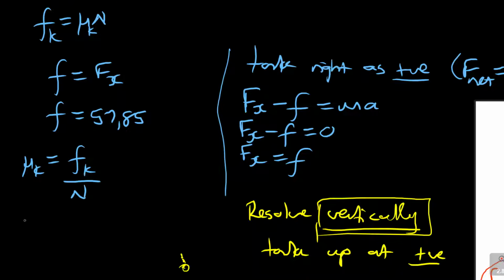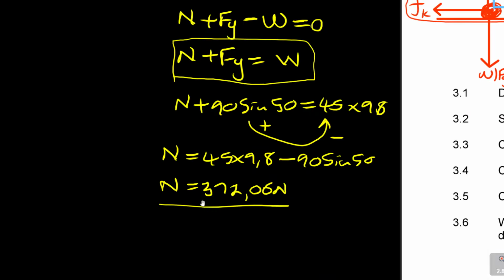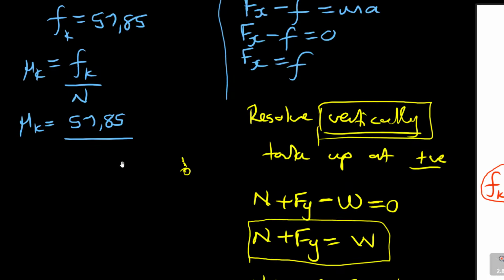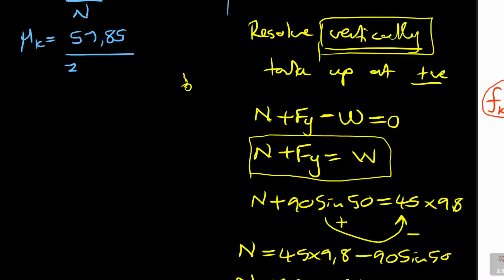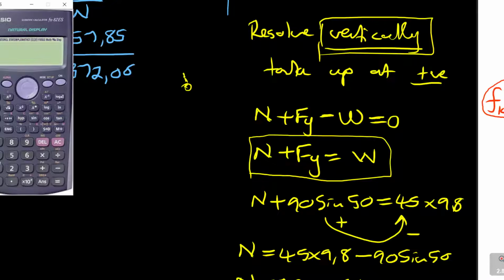All right, so now mu k is equal to Fk, which is the same F that we found, 57,85, over the normal force. We just calculated the normal force. We said it was 372,06, so that's what you're going to use. So what is mu k?